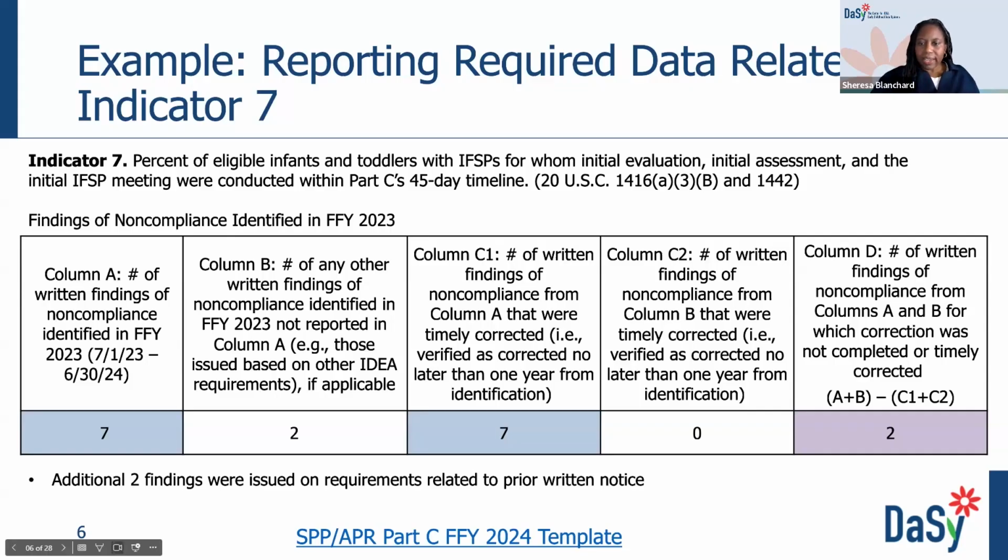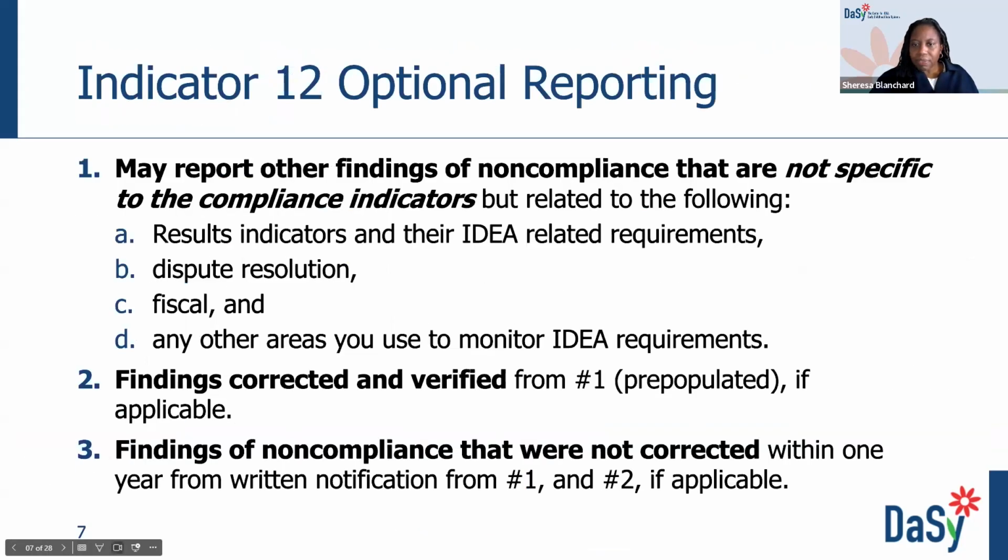All right, so next we have our optional reporting for Indicator 12. For optional reporting, you may report other findings of noncompliance that are not specific to the compliance indicators, but that are related to the following: results indicators and their IDEA-related requirements, dispute resolution, fiscal, and any other areas you use to monitor IDEA requirements.